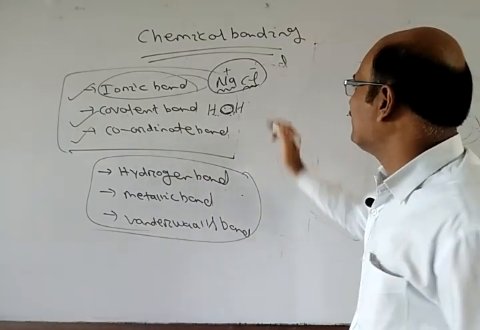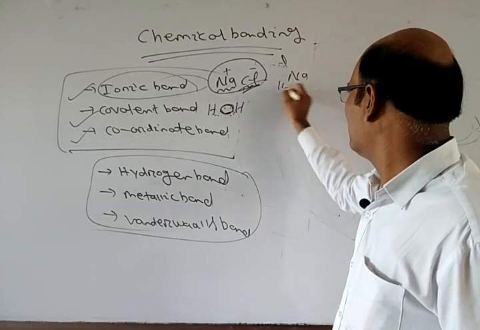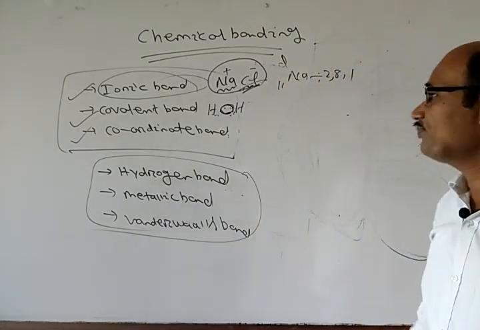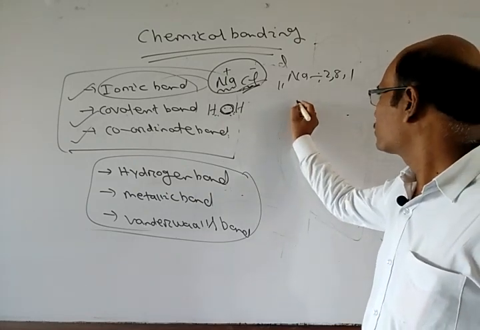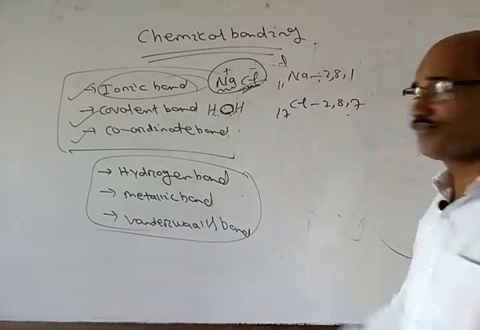And here in NaCl we have Na 11, 2,8,1, and chlorine Cl 17, 2,8,7.